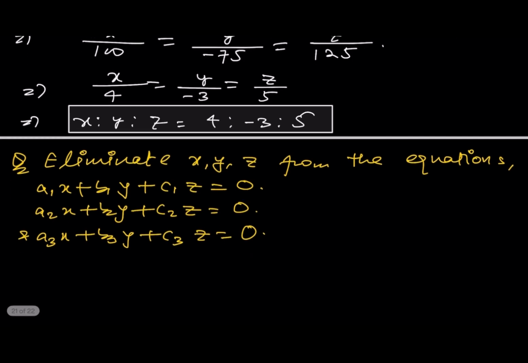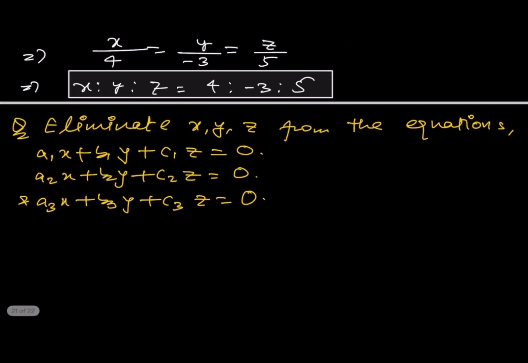So using the cross multiplication rule again, we can take any two out of these three.